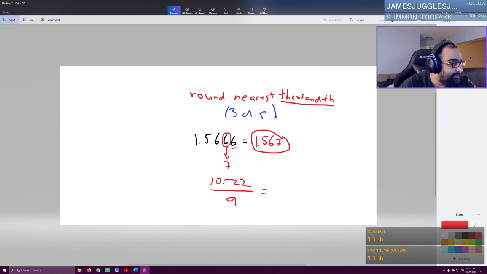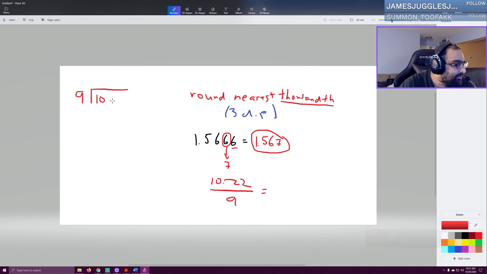All right, so we're going to take 10.22 divided by 9. So put 9 here on the outside, and 10.22 here on the inside. All right. Again, we'll add a few more zeros here, just to see how far we need to go. All right, so 9 goes into 10 once.